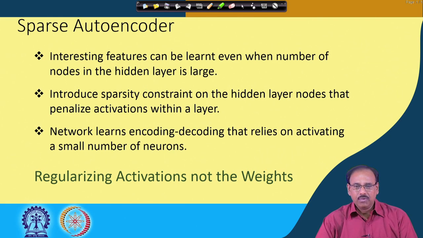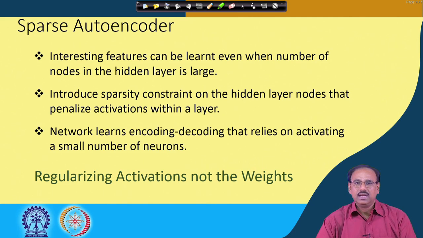So, even though we have a large number of neurons in the hidden layer, not all of them are activated. You are activating a small number of neurons out of that large number. In effect, individual neurons in the hidden layer learn a particular type of feature of the input data, and different neurons are activated for different types of features, and obviously not all the nodes are activated.